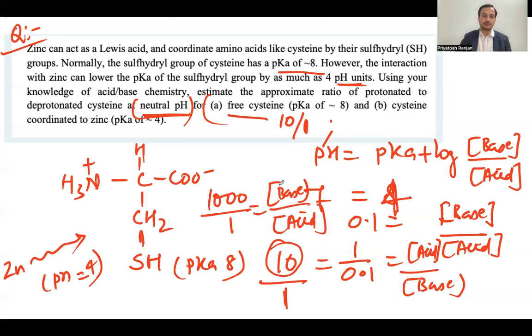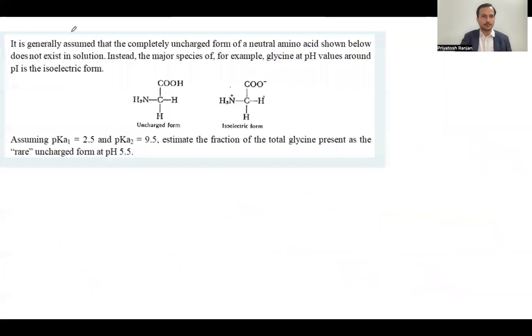Remember, now again I have to inverse it because they have asked in the form of acid by base. So the B part is going to be 1 by 1000. Simple. I hope this solution is clear to each and every one of you. If not, you can raise your query in the comment box. Next question.